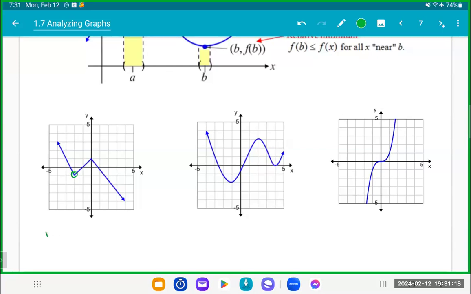So I have a minimum at the point -2, -1. Similarly, I have a maximum, that's the highest point, and that occurs at the point 0, 1.